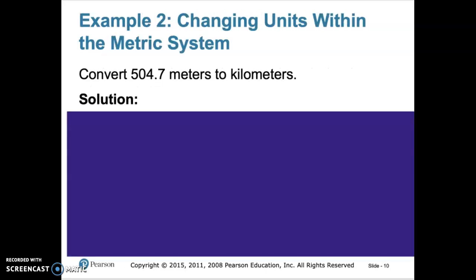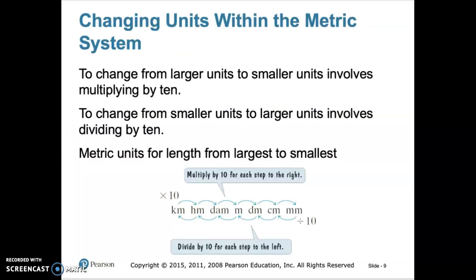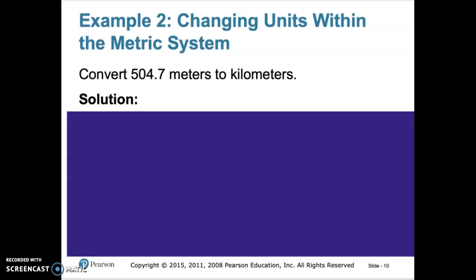Example number 2, we're going to convert 504.7 meters to kilometers. So let's come back up here. Meters to kilometers. So we're going from here over here to the left, right? So we're going to divide, moving my decimal place over 1, 2, 3 times. So if that's my number, here's my decimal place.